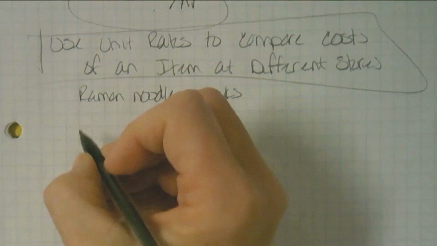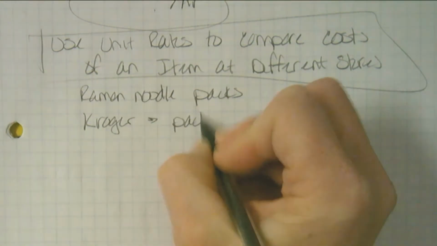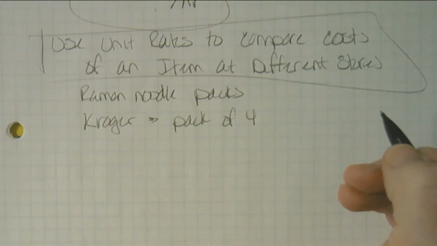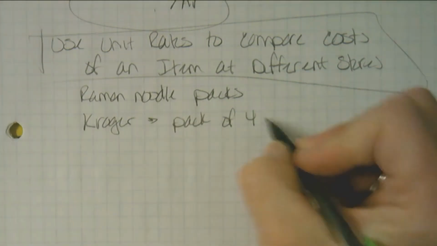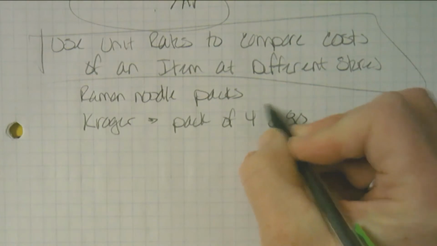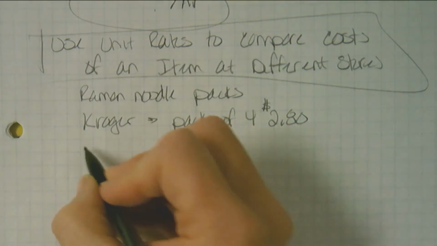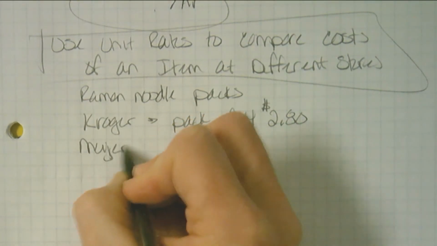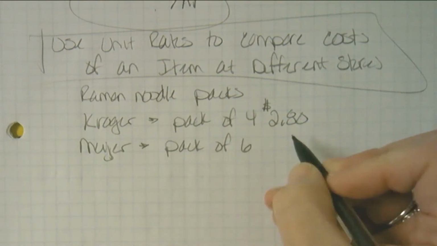All right, let's say that at Kroger, they come in packs of 4. And let's say that they are $2.80 for a pack of 4. Let's say that you guys go to Meijer and we have a pack of 6. All right.